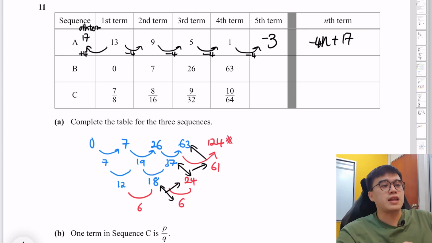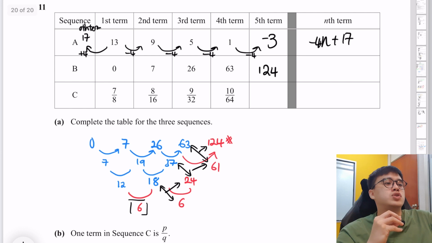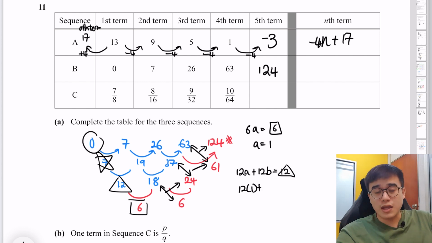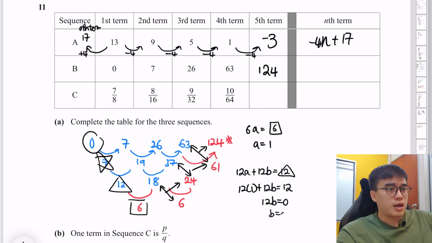With this being said, I can now try to use my formula here, where 6a equals 6. So a equals 1, 12a plus 12b equals 12. Substitute our a into it, you will get your b as 0. Then 7a plus 3b plus c equals 7.